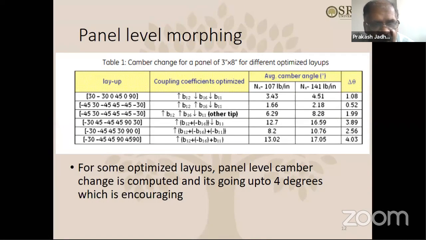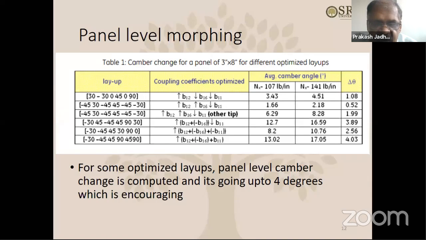As you can see, for different cases here, you get different camber, ranging from 1.08 degrees to 0.5 degrees, 2 degrees, 1.99 degrees, 3.89 degrees, 2.56 degrees, 4 degrees like that. So for some optimized layups, panel-level camber change is computed and going up to 4 degrees, which is encouraging.